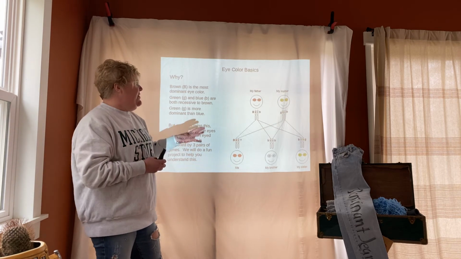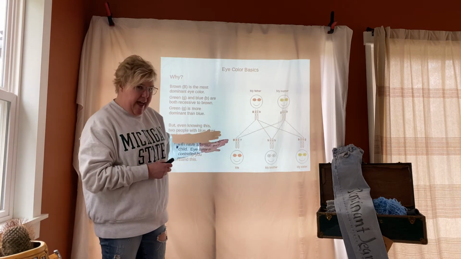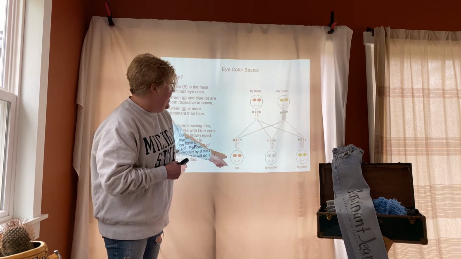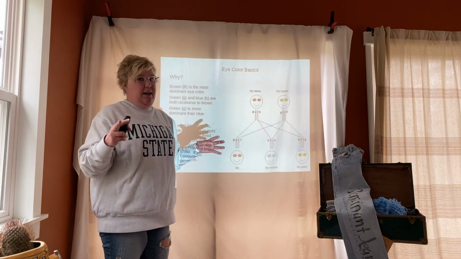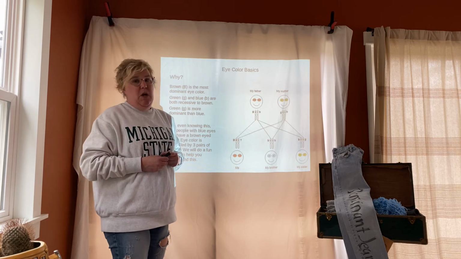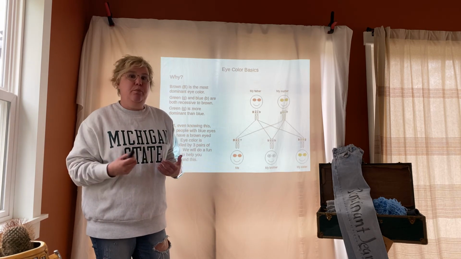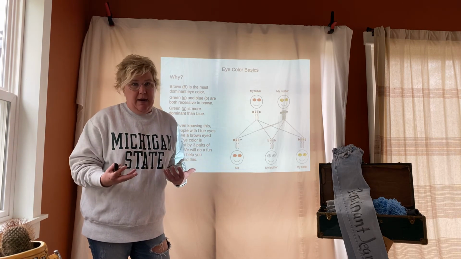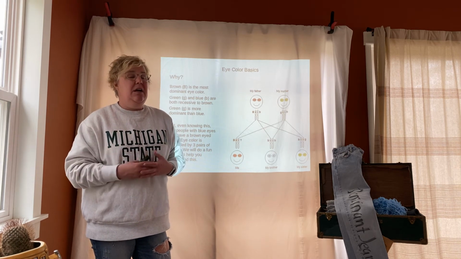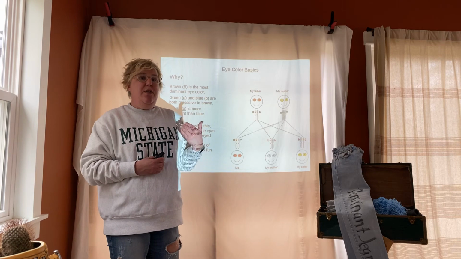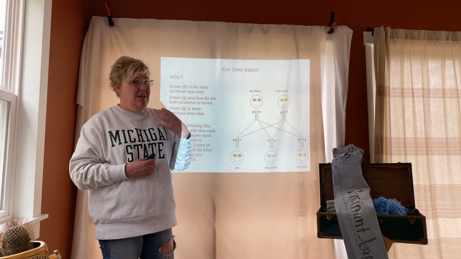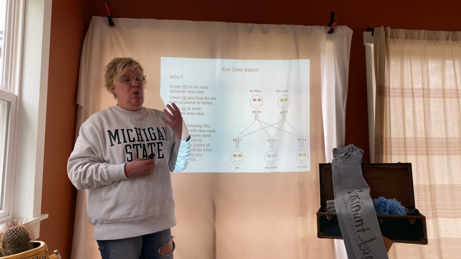Even though this diagram shows that the mom has green eyes and the dad has brown, they can have kids with all eye colors. Two brown-eyed people can have all blue-eyed babies. Two blue-eyed people can have brown-eyed babies. Because eye color is controlled by more than one set of genes. And that's why I'm going to have you look at your eyes, because eye color is so unique.